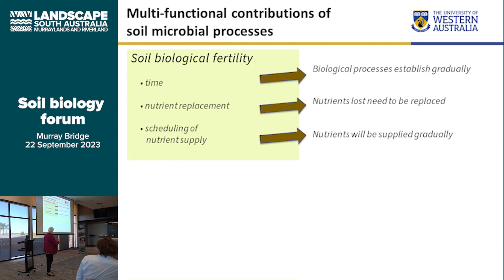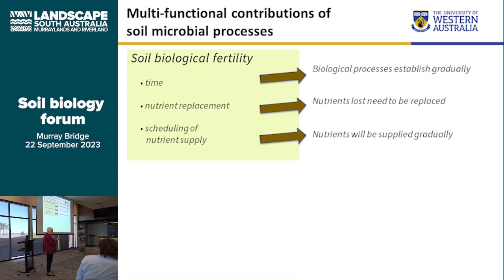That's a normal part of the process, but if you're relying a bit more on a biological base, then you take account of the contribution to nutrients for the plant. And the timing of the supply of nutrients will also be affected. If you put a front-end loader of fertiliser on, or even at times during the season, you're getting a big burst of nutrient supply, and that's very different to a gradual supply of nutrients during the season from the organisms.